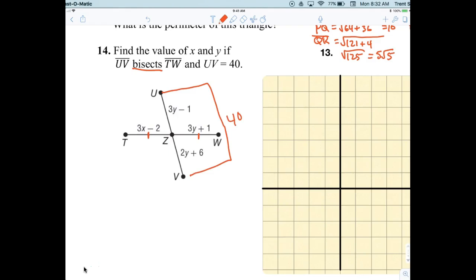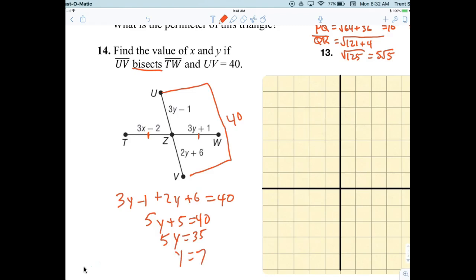So that means that 3y minus 1 plus 2y plus 6 equals 40. Do you agree with that, Walker? So if I solve that out, that becomes 5y plus 5 equals 40. 5y equals 35, so y equals what?